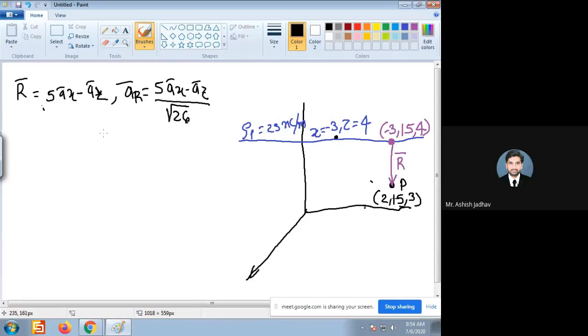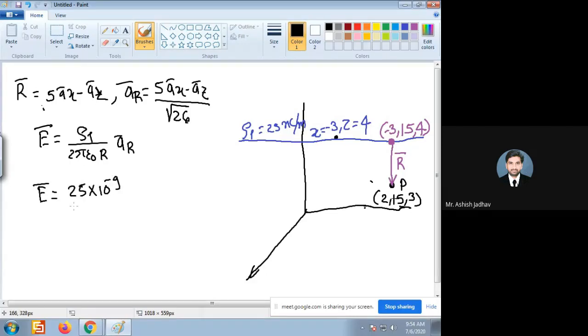Now you can use the formula E bar is equal to rho L upon 2 pi epsilon naught R, a bar R. This is the formula for finding electric field intensity due to a line charge, right? So by putting the values into this expression, E bar is equal to 25 into 10 raised to minus 9.